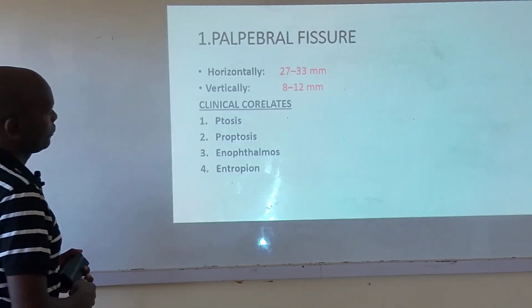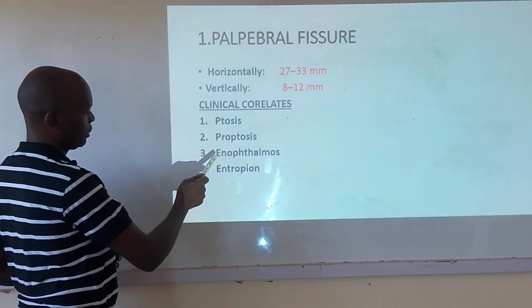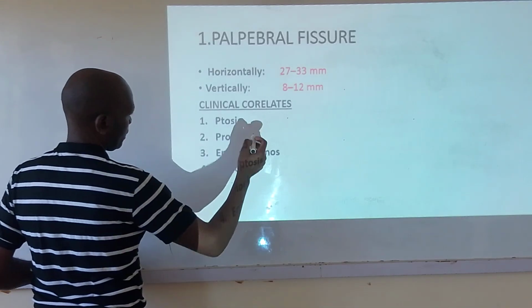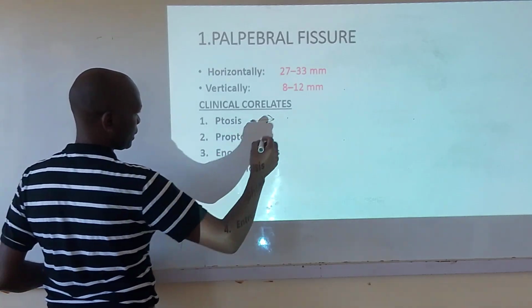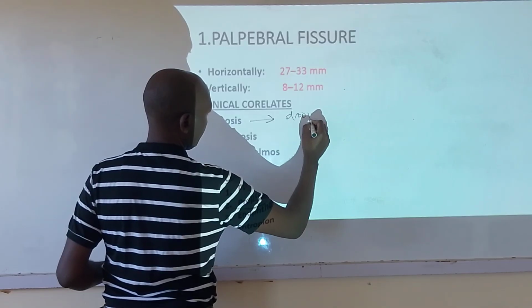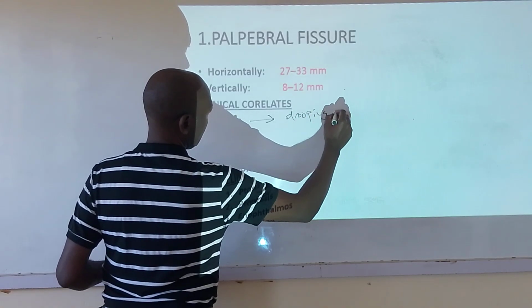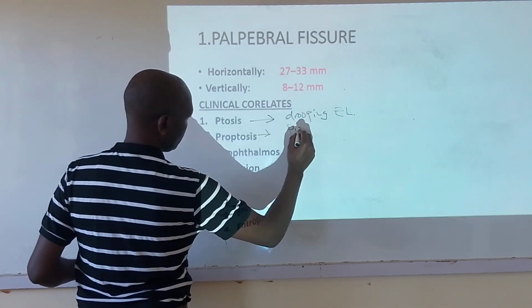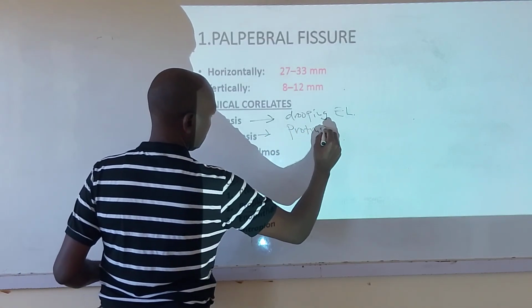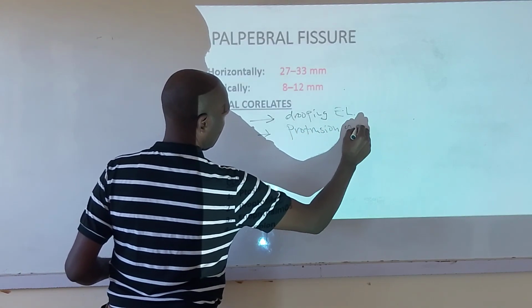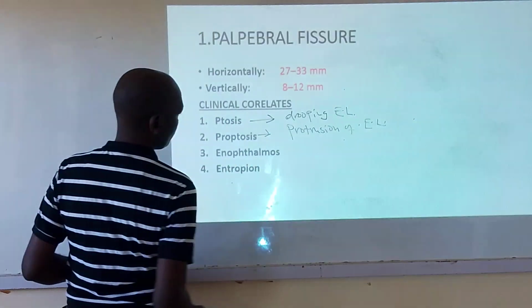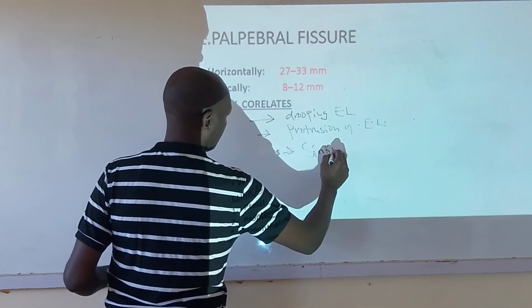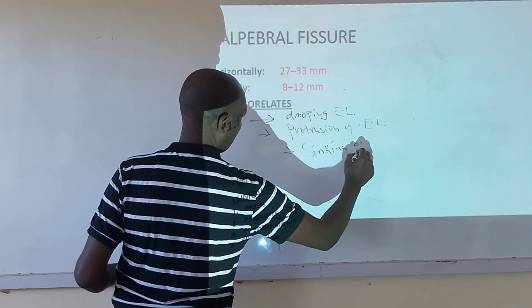So let me just write here. Ptosis, this is drooping of the eyelid. How about proptosis? This is protrusion of the eyeball.